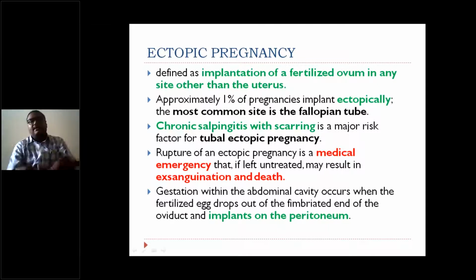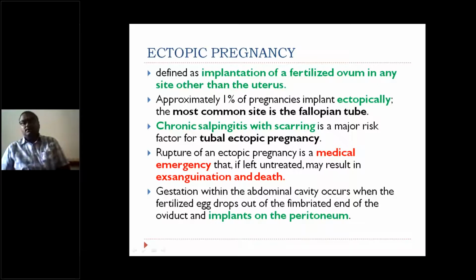Once there is scarring of the fallopian tube, there is a problem regarding the motility of the fallopian tube. Because of that, the fertilized ovum won't reach the uterine cavity, and it will persist within the fallopian tube, and it grows within the fallopian tube as it would within the uterine cavity.